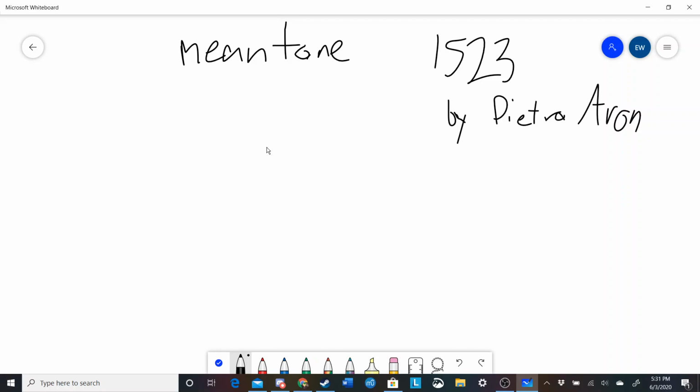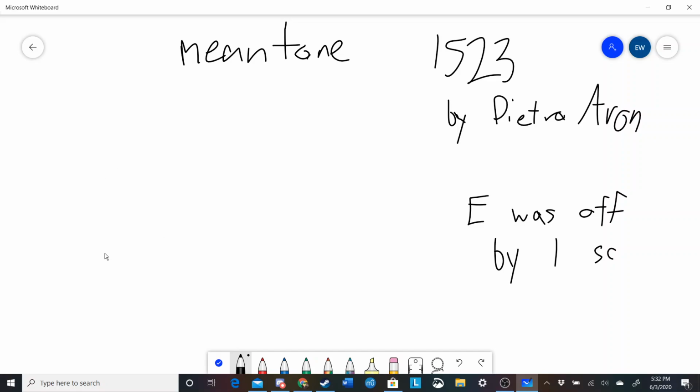So why don't we distribute the syntonic comma, so that our third is in tune? Because if you remember, in Pythagorean tuning, we said that E, the major third, was off by a syntonic comma. So the syntonic comma, from here on out, I'm going to just write SC because it makes my life easier.